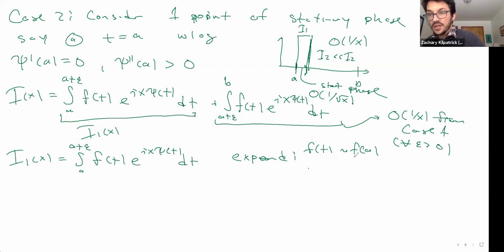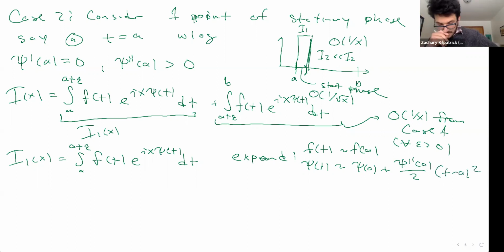So the amplitude that's going to matter is the one at t equals a. And so as Jake said, psi of t is going to be the leading order psi of a plus, we know that psi prime of a is 0, so we can move all the way up to psi prime prime over 2 times t minus a squared.